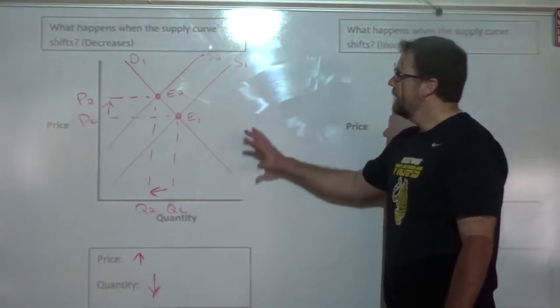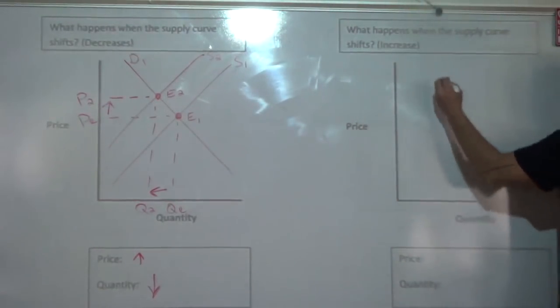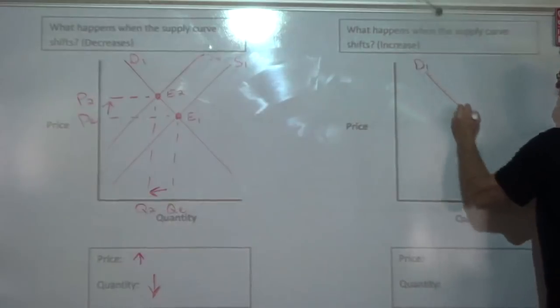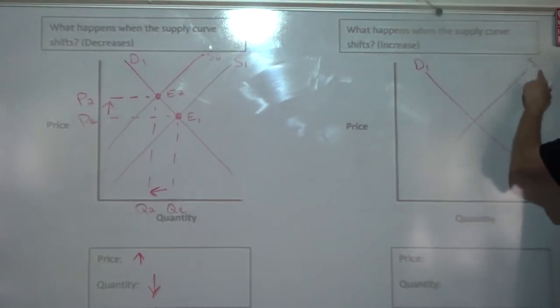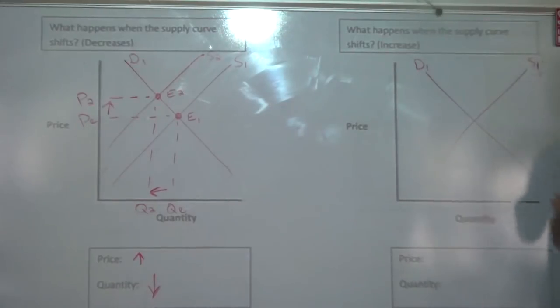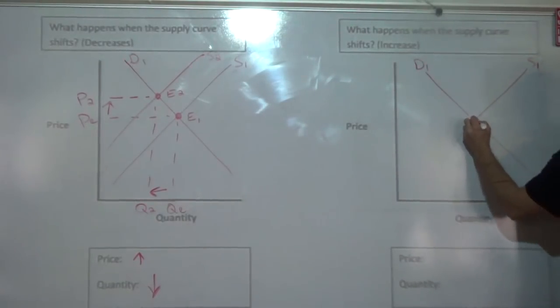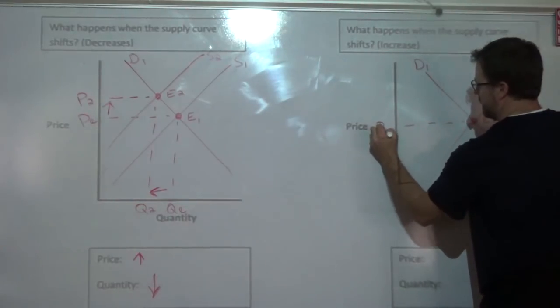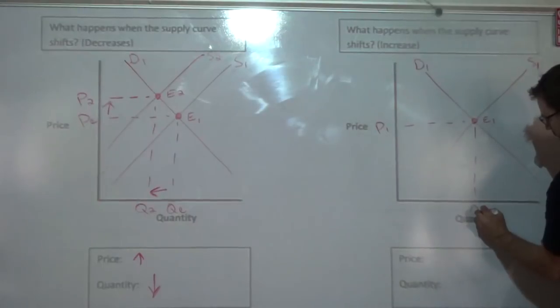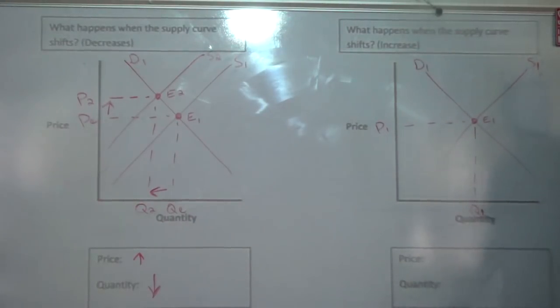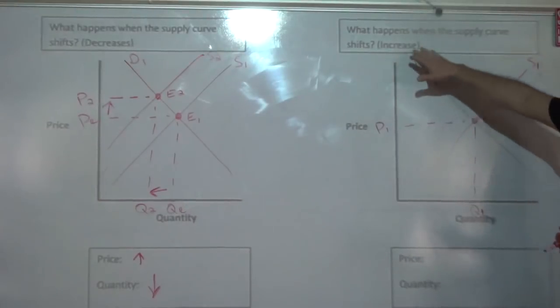Okay? And then for the last one, we've got our demand curve, our supply curve, oops, should be a 1, our equilibrium point, P1 or PE, whatever you want to put down, and Q1. This time it's what happens when the supply curve shifts with an increase.